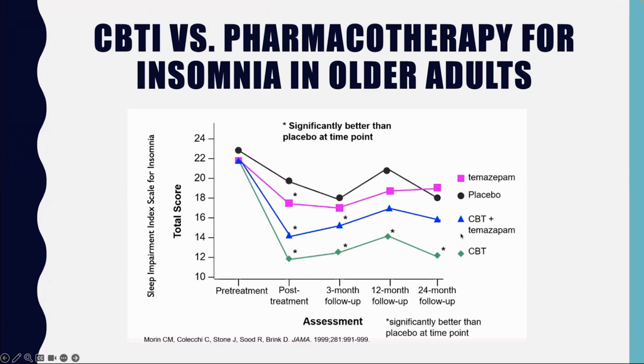But really only CBTI, which is in green, yielded the most durable improvements in sleep patterns, while pharmacotherapy alone gradually lost its clinical benefit over time compared to at 3 months. So CBTI is really the main first line treatment option, and it works the best.